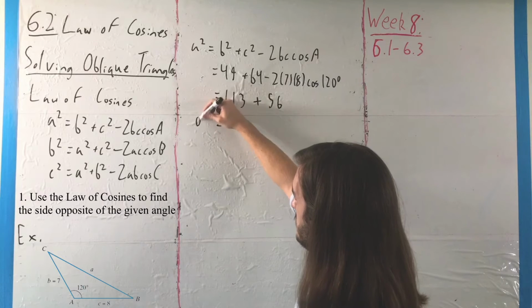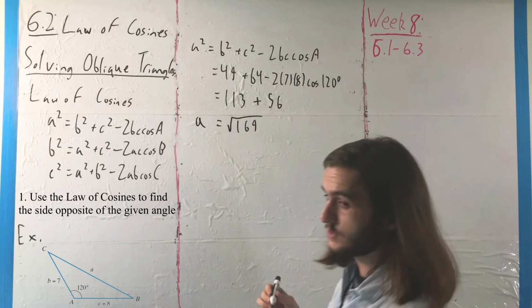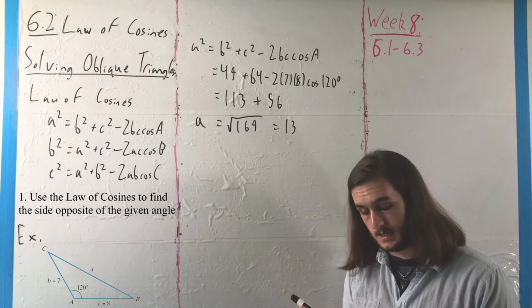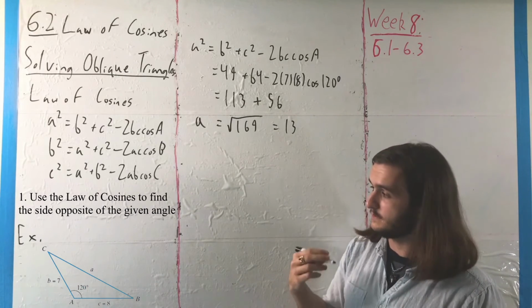And if we want to just get A, then we would have the square root of 169, or 13. So we have that A is 13, means we have all three of the side lengths.